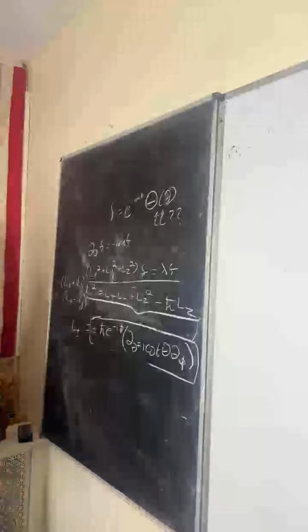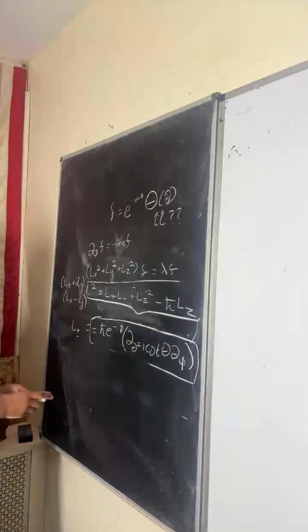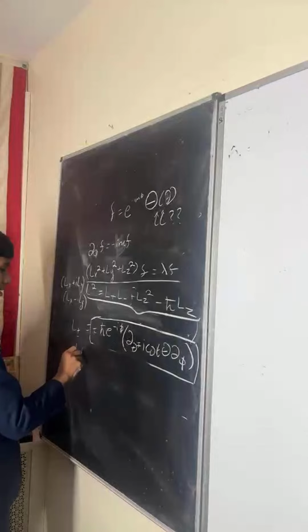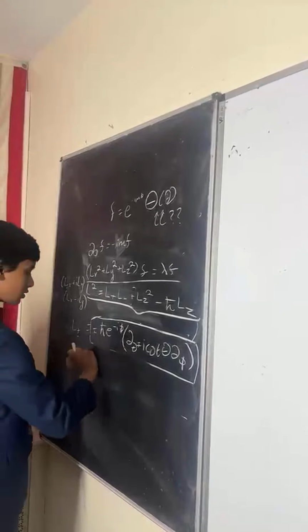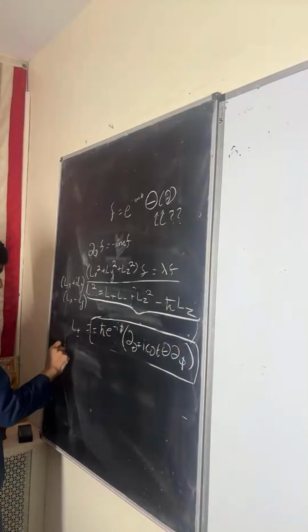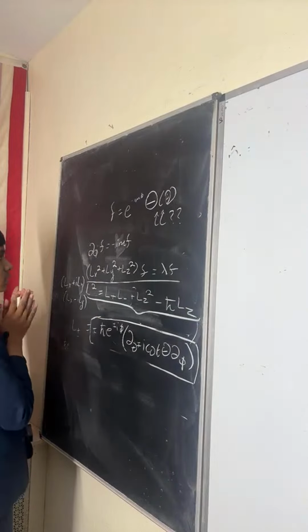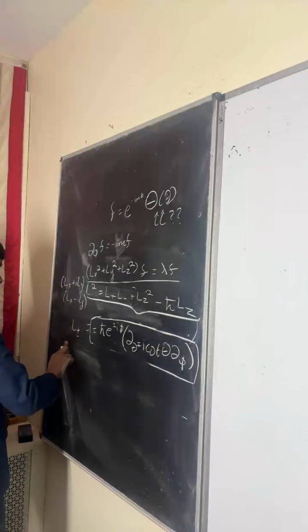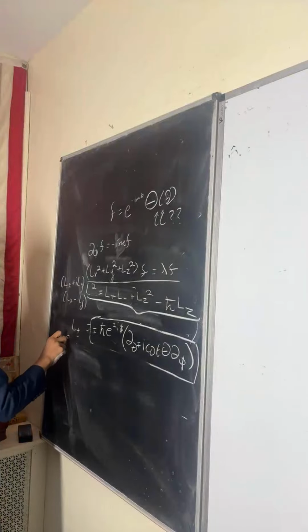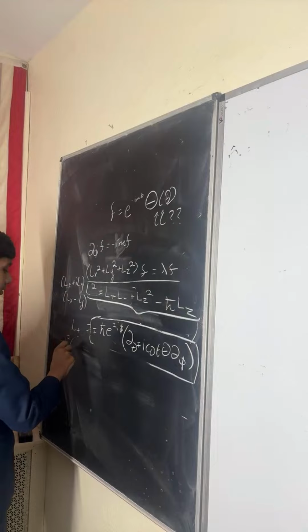When we write this out, what does it give us? Well, we get L plus L minus, which becomes what? H bar e. Well, there's going to be a minus H bar squared out in the back over here.